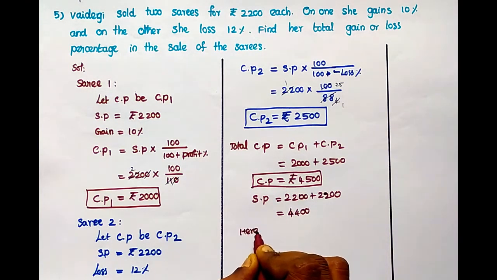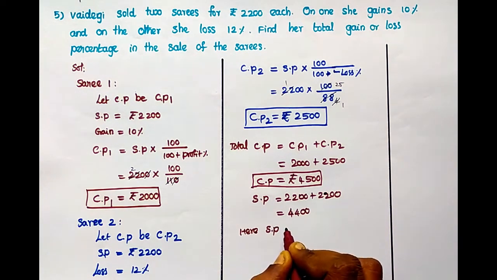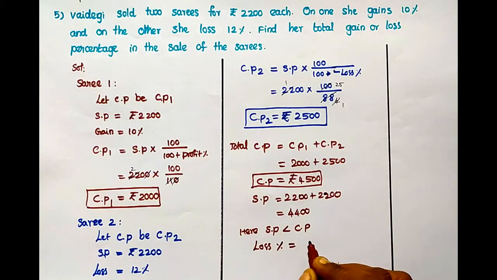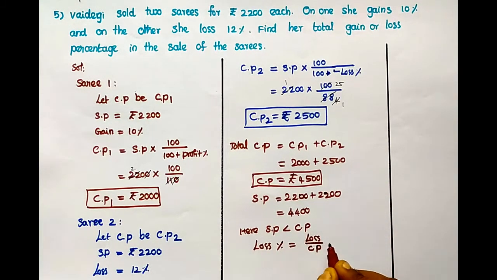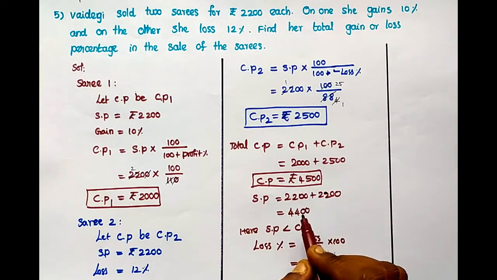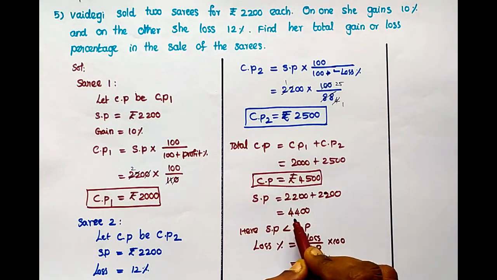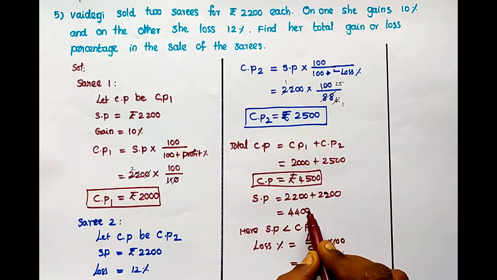Here selling price is less than cost price, so loss. So how will you find out the loss percentage? Loss by cost price into 100. How much loss? 4500 cost price, 4400 selling price. So 100 is the difference, that is the loss.